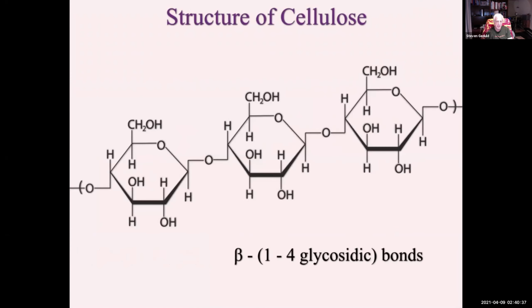So cellulose is a beta 1,4 glycosidic linkage. See how it steps up? So it's the 1,4, and it's beta up on top and forms that linkage there. So that's your beta 1,4 glycosidic bond to form cellulose.